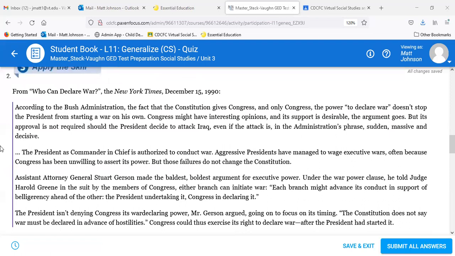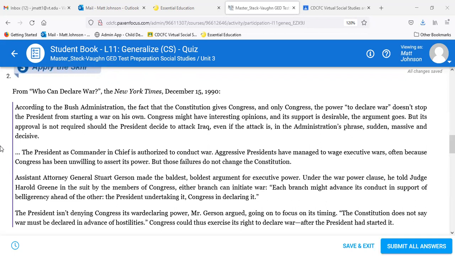From Who Can Declare War? The New York Times, December 15, 1990. According to the Bush administration, the fact that the Constitution gives Congress and only Congress the power to declare war doesn't stop the president from starting a war on his own.